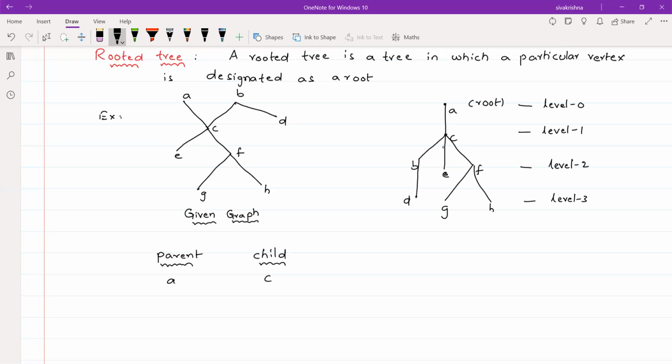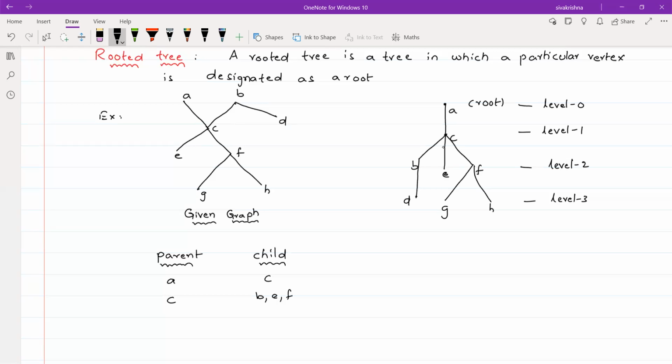Okay. So coming to C, if you treat C as a parent, C has three children: one is B, the second one is E, and the third one is F. So once again, in the parent column, I am writing C as a parent, and the children for C are B, comma E, comma F. Because those edges are incident on that particular vertex C, we treat those vertices as the children of C. Okay.